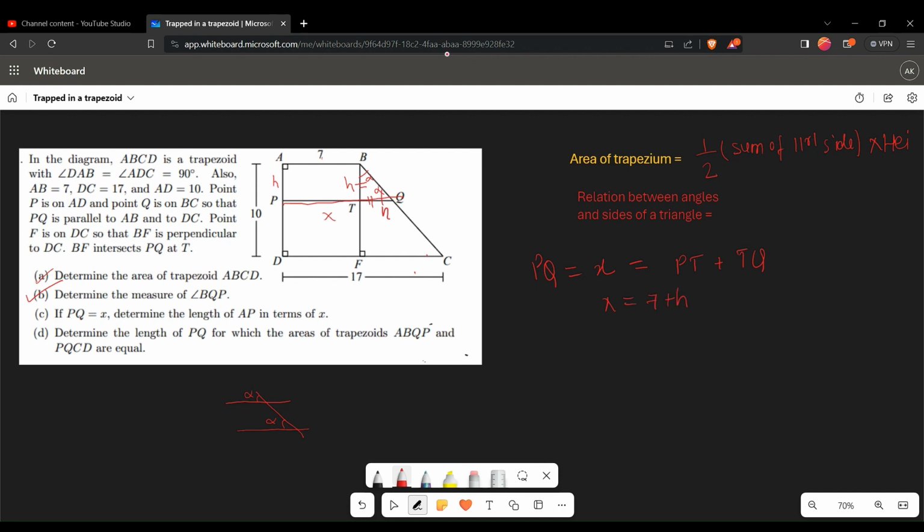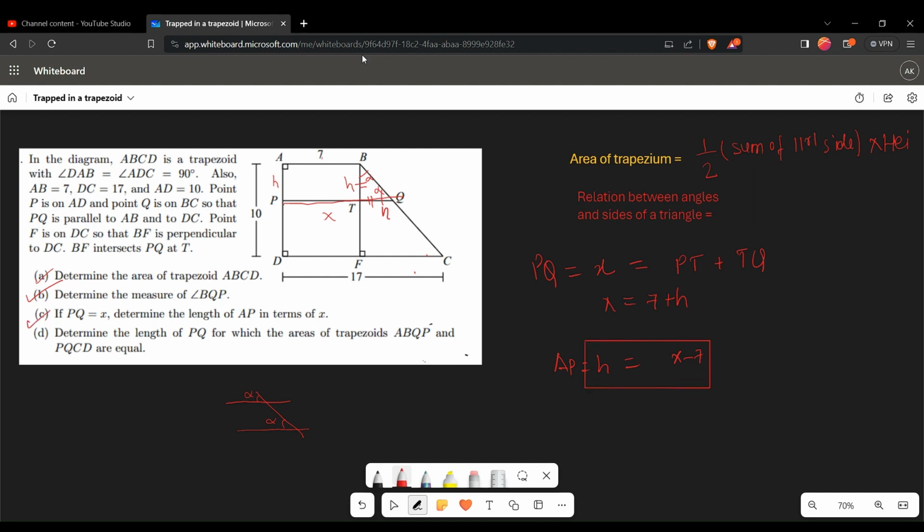Fine, and we need to find AP in terms of x. So AP is h, and we can say that h will be equal to x minus 7. So from here we get h to be x minus 7.